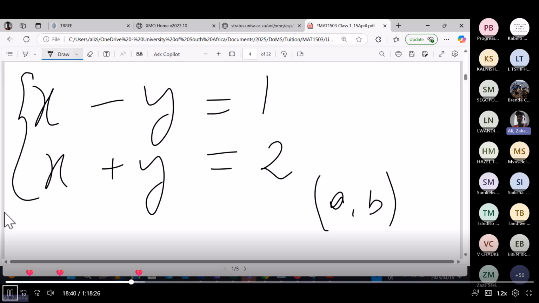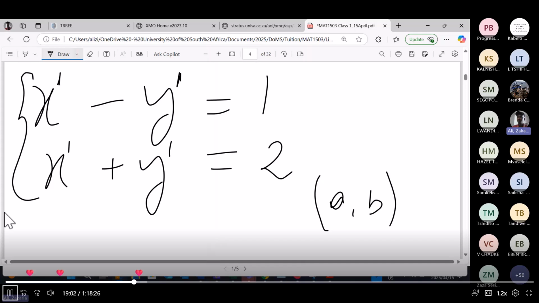Now these equations, we call them a system of linear equations. The reason we call it linear is that x is with power 1, y is with power 1, x with power 1, and also here. So the power of x and y is 1 in the entire system, which means it is linear.